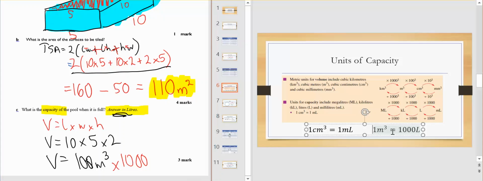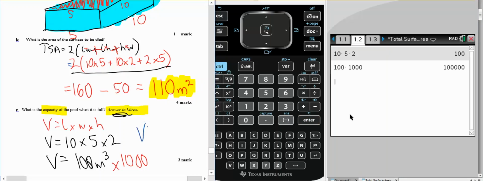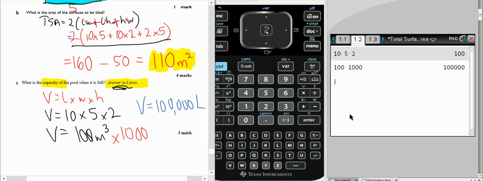Obviously, all we've done is we've used this part here because we know that 1 metre cubed is 1,000 litres. And if we put that into our calculator, you'll see that 100 times 1,000 is 100,000. So the volume in litres is 100,000, and we define that with an L at the back. Notice that that's worth 3 marks.